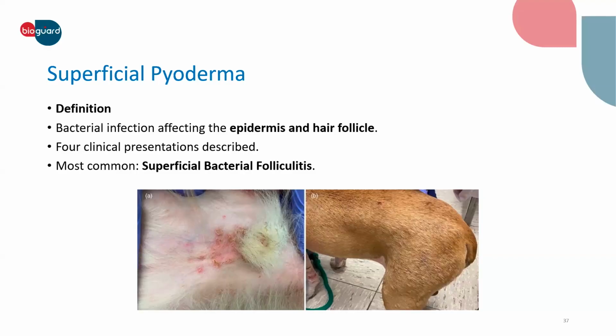The most common one is superficial bacterial folliculitis. The left figure is superficial bacterial folliculitis affecting the inguinal region of a golden retriever, and the right side is on the trunk and lateral side of an American Pit Bull Terrier.